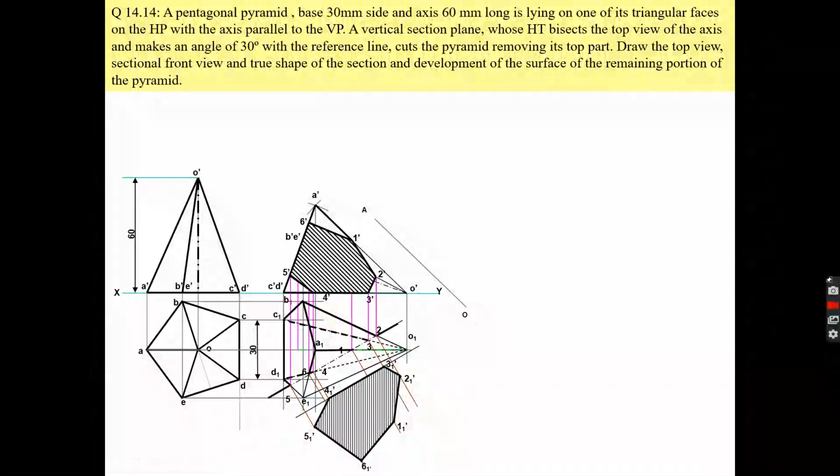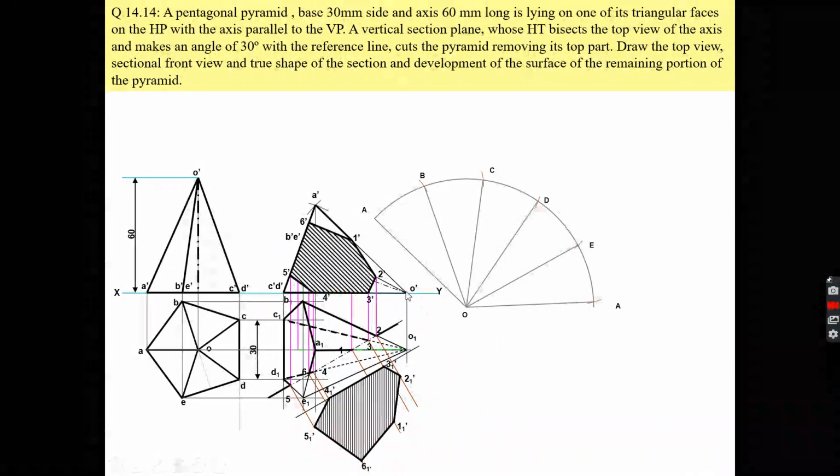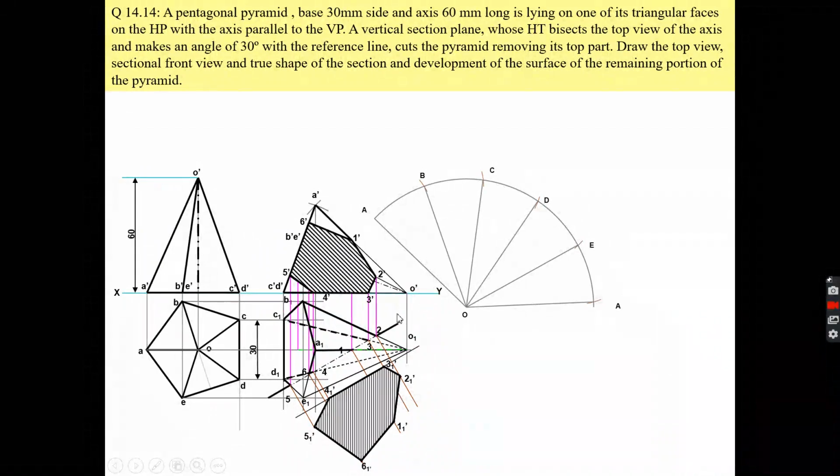Okay, after drawing that I will draw the sector of the circle, and after that I will mark arcs using the radius of a base width from the top view. Okay, so this is your development of the pentagonal pyramid. After doing that, I have to measure the distance of these points 1, 2, 3, 4, 5, 6 from point O, or any other reference point you can take.